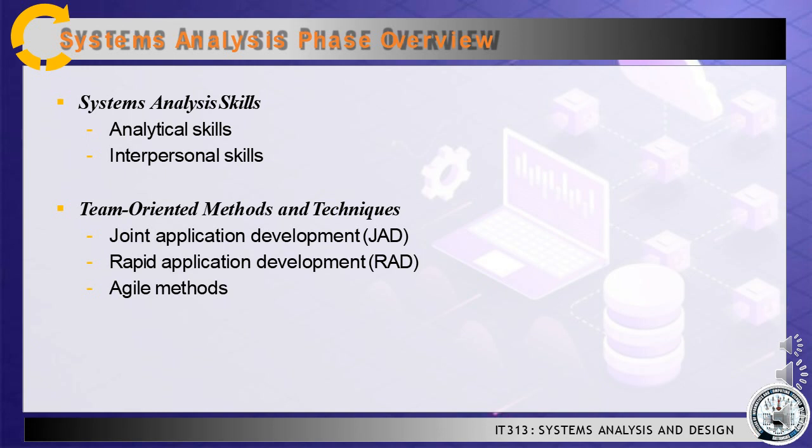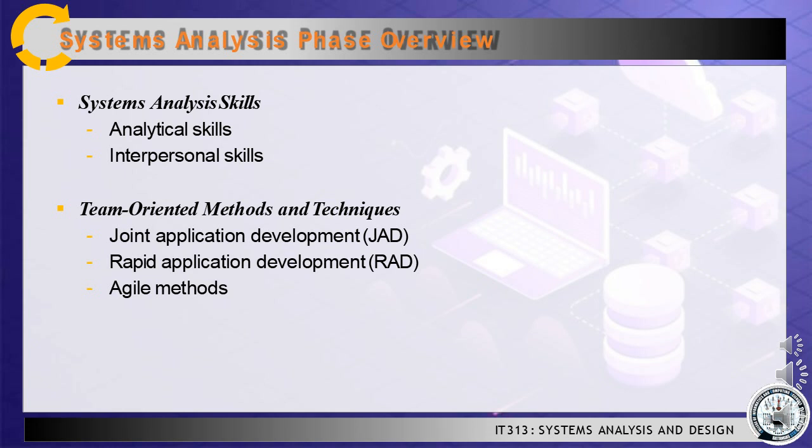Interpersonal skills are especially valuable to a system analyst who must work with people at all organizational levels, balance conflicting needs of users, and communicate effectively. Because information systems affect people throughout the company, you should consider team-oriented strategies as you begin the system analysis phase.